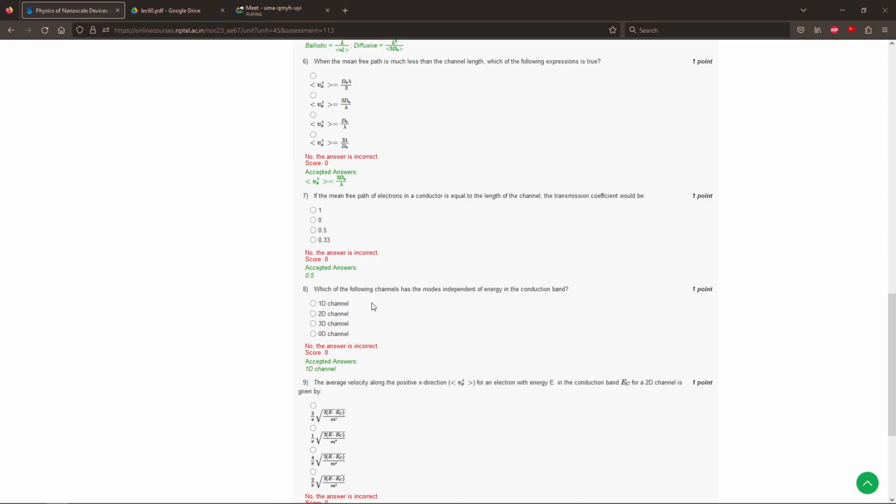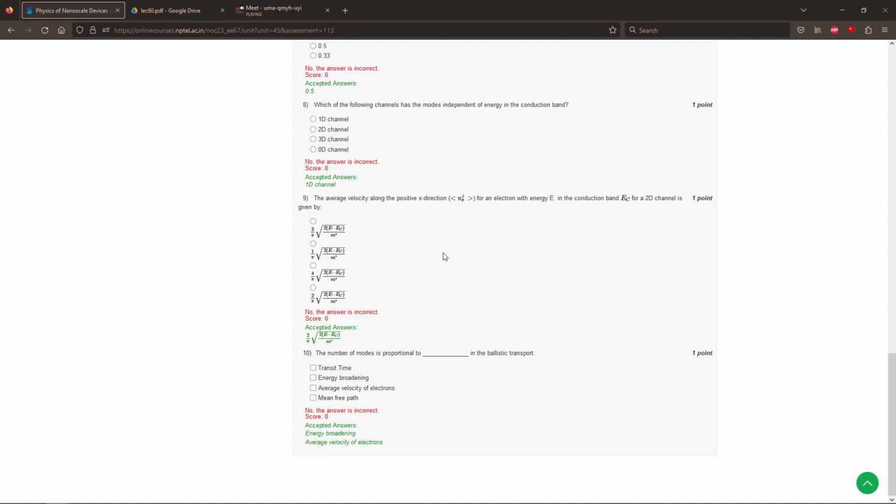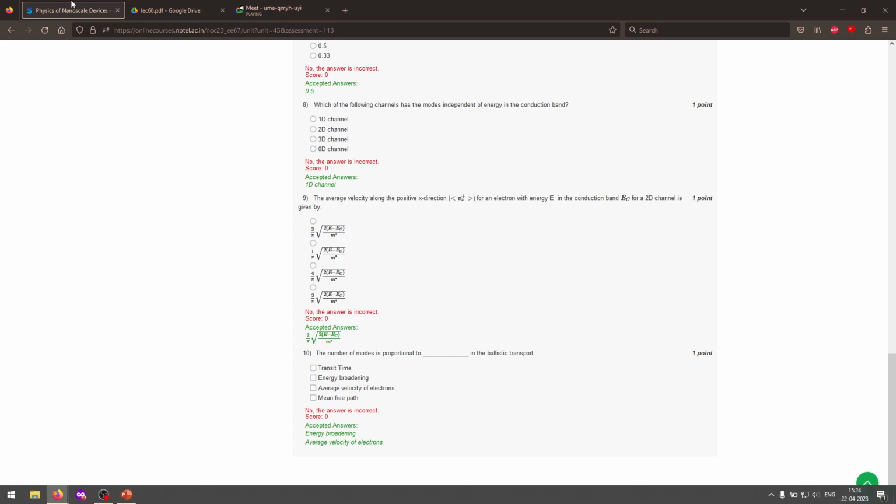We'll not say, if the mean free path is so many nanometers and the channel is so many nanometers, evaluate the transmission coefficient. Those kinds of questions will not occur. What you are supposed to do is look at what information is given and use the right formula.